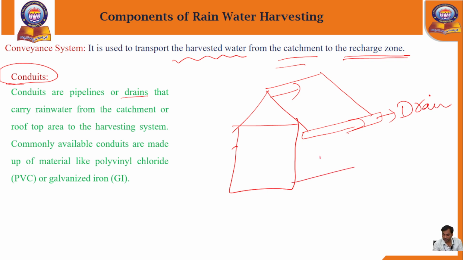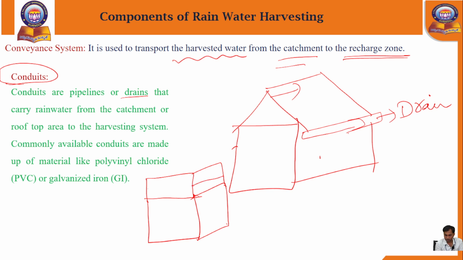If the top of our terrace is plain, or a flat surface, then we provide pipelines here. So that is the conveyance transport system of collected rainwater into the sump level.